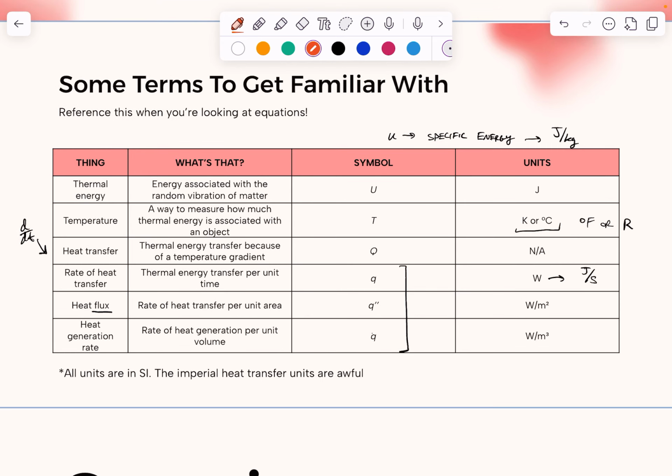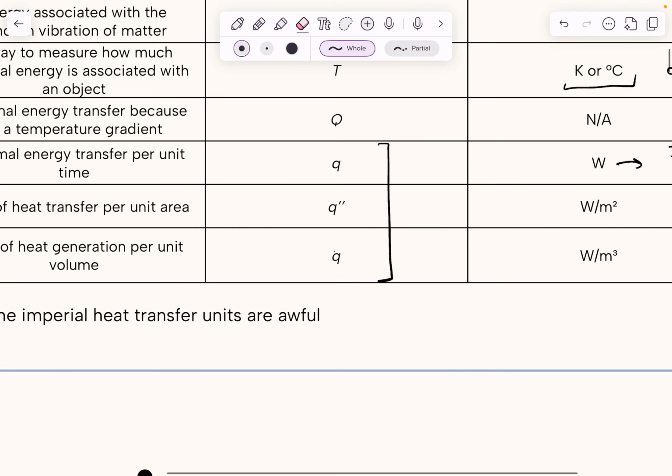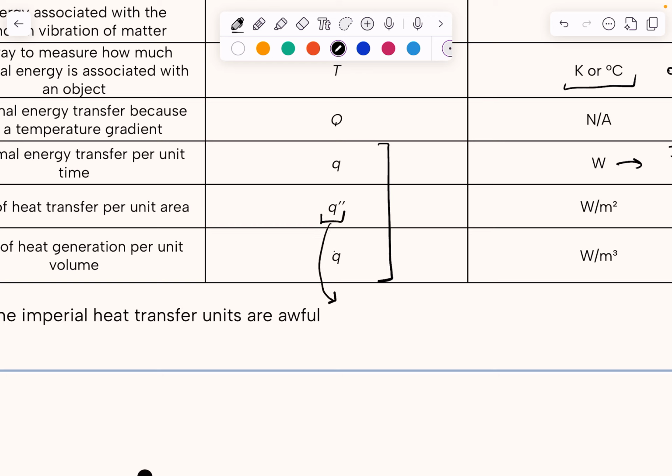Okay, so heat generation rate, and then there's one more thing I wanted to talk about, which is this guy right here. I don't know how many of you have taken calculus. For the ones who have, you will be best reminded not to confuse this with derivatives.